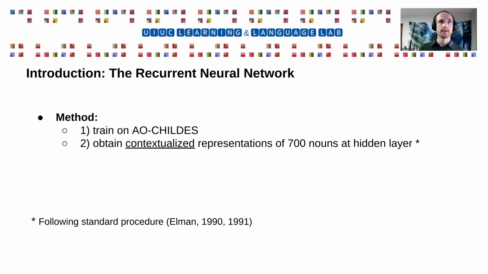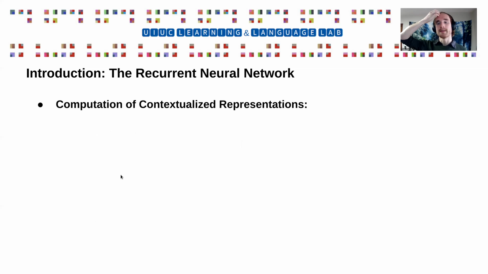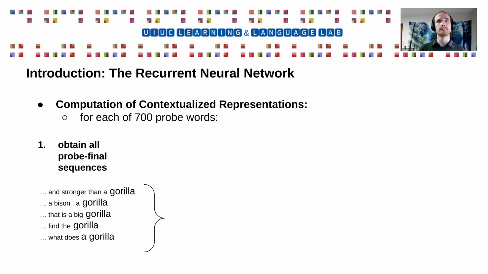Importantly, I follow a standard procedure here. I'm just trying to establish the feasibility of using the RNN for learning semantic category knowledge at the hidden layer. The way that contextualized representations are computed is as such. For each of the 700 probe words, I obtained all probe-final sequences in the corpus. So I go through the entire corpus, save all the sequences where gorilla is in the last position.